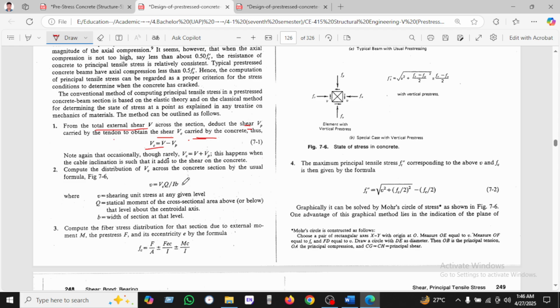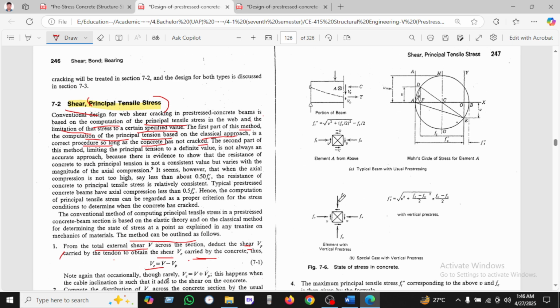Okay, so we can see here the shear stress VQ by Ib, and another formula here. So this is the method for combining step 1, step 2, step 3 for the stress. And ultimately we can see the beam with the prestressing.